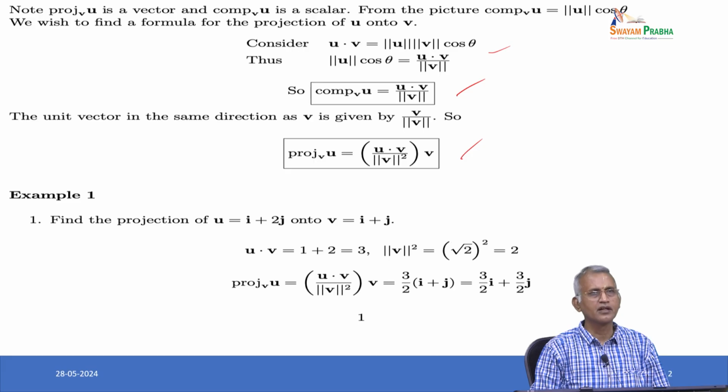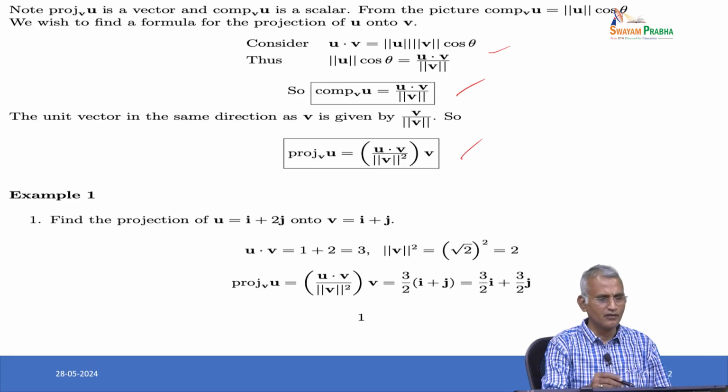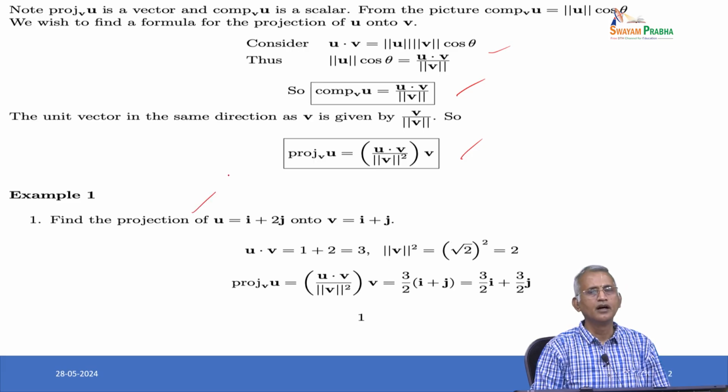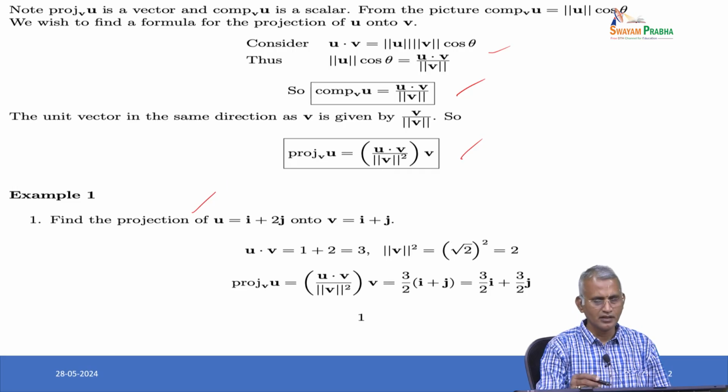Let us discuss one example. Find the projection of u equal to i plus 2j onto v equal to i plus j. Take the u vector and the v vector and dot product them: u dot v equals 1 into 1, that is 1, plus 2 into 1, that is 2, therefore 1 plus 2 equals 3.